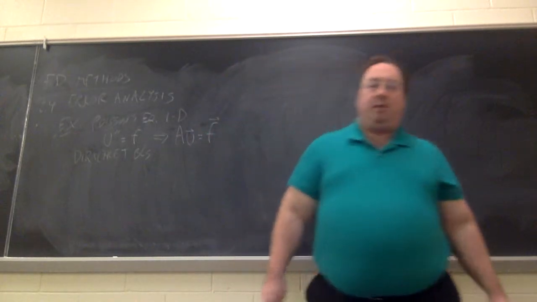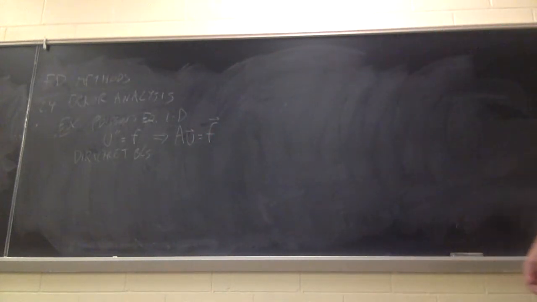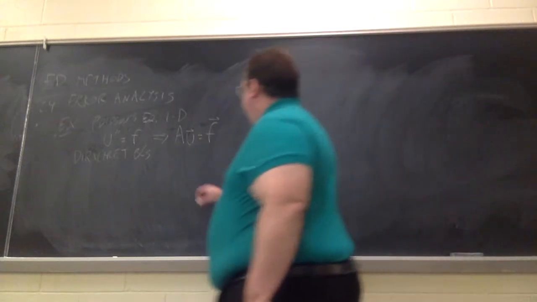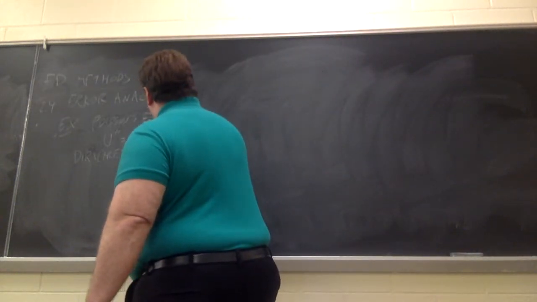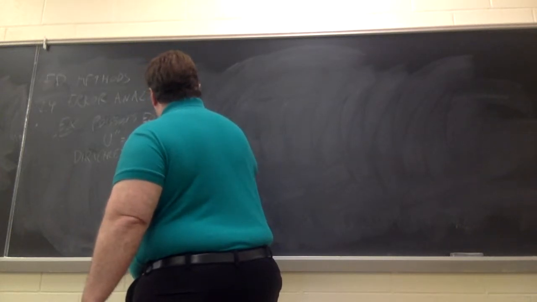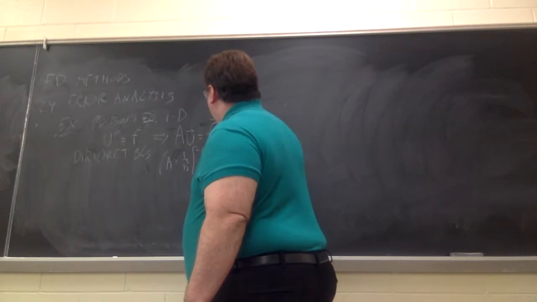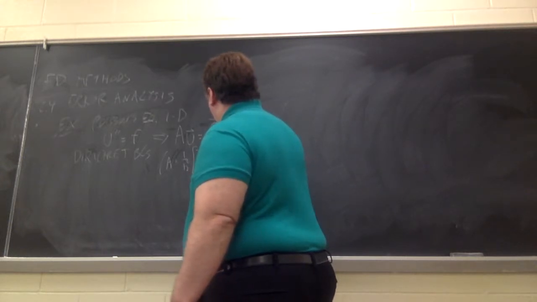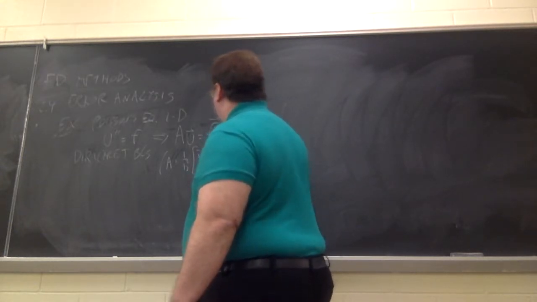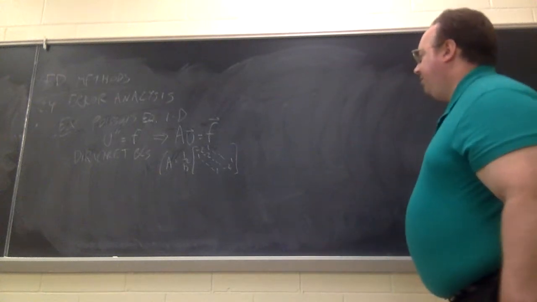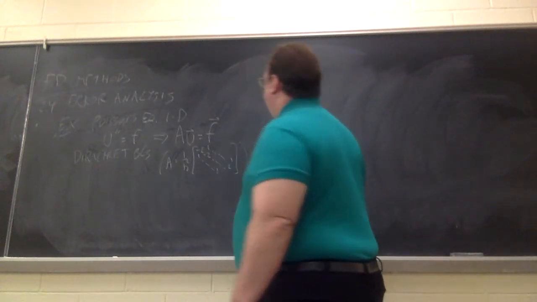A is the matrix that has 1 over h squared, and then minus 2's down the diagonal and 1's above and below. So it's the matrix for the center difference for the second derivative.